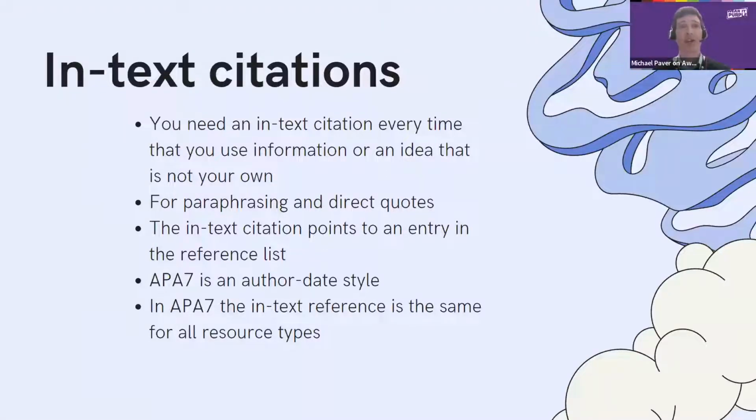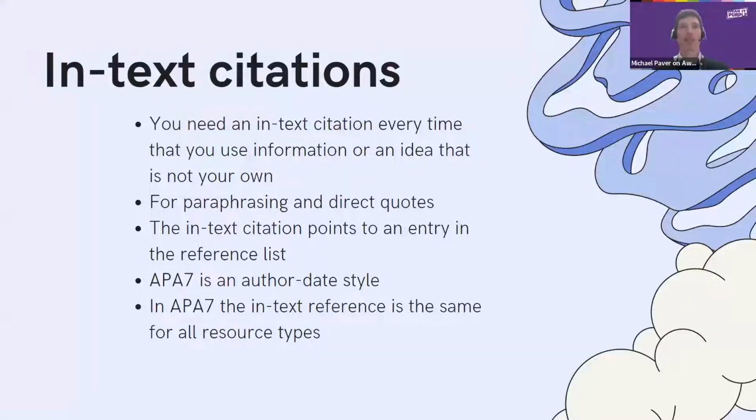So when you're paraphrasing, you need in-text citations, and you also need them if you're using a direct quote. That's actually taking a block of text verbatim from another source, putting it in quotation marks. So for both situations, you would need an in-text citation. And as I've mentioned, that in-text citation will then point to an entry in the reference list.